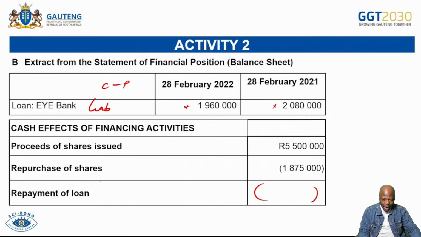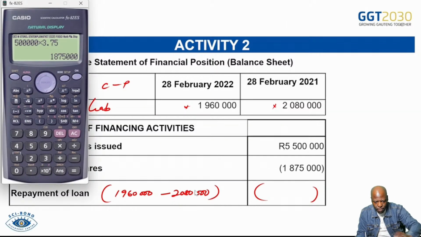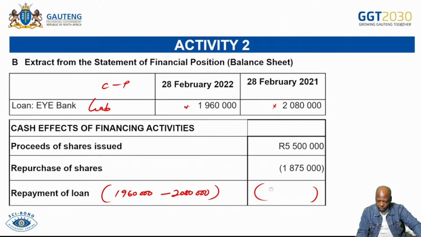So I'm going to come here, and if I'm going to do the calculator version, I'm going to say my current, which is 1,960,000, minus my previous 2,080,000. And that is going to give me 120,000.